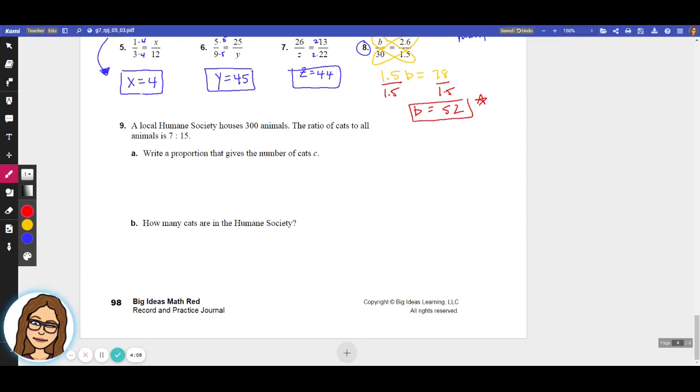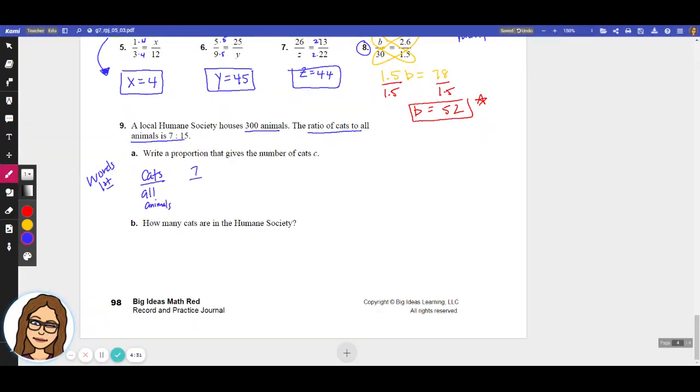All right, looking at number 9, it says a local humane society houses 300 animals. Then it says the ratio of cats to all animals is 7 to 15. So remember the idea of words first. We have cats to all animals.